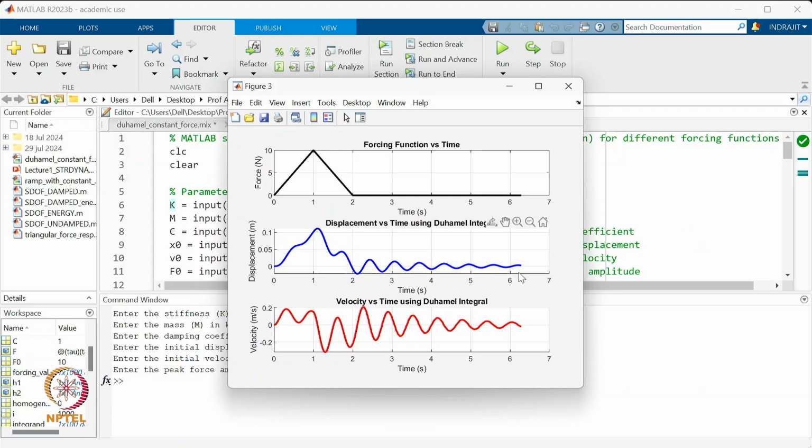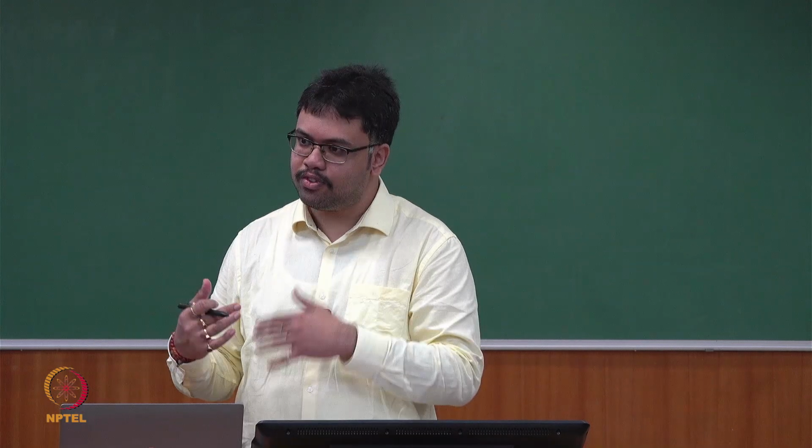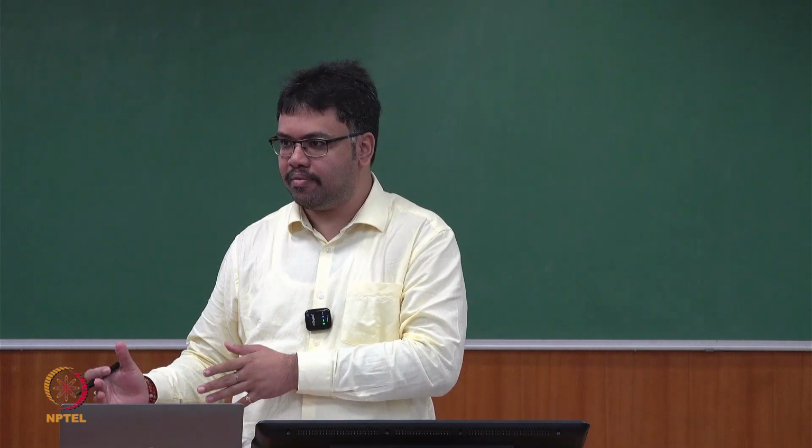So this way you have to solve. When the forces are changing, you have to change your functions, integrations, all those things, get the solutions for those portions and then add them up.